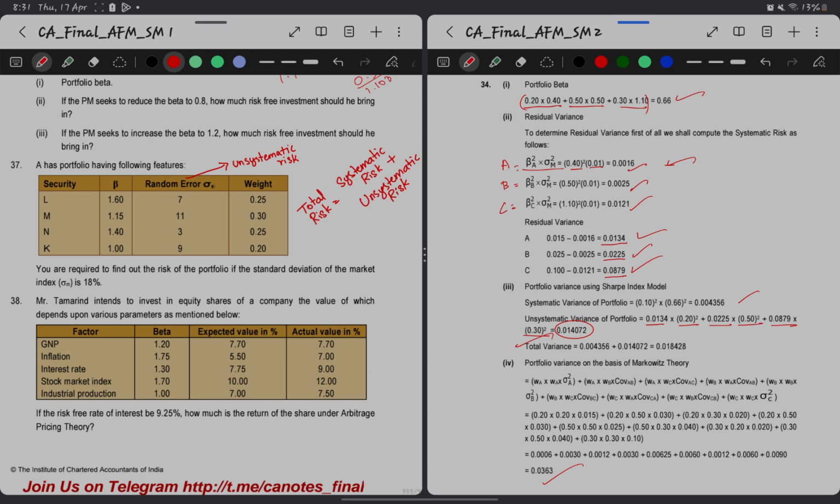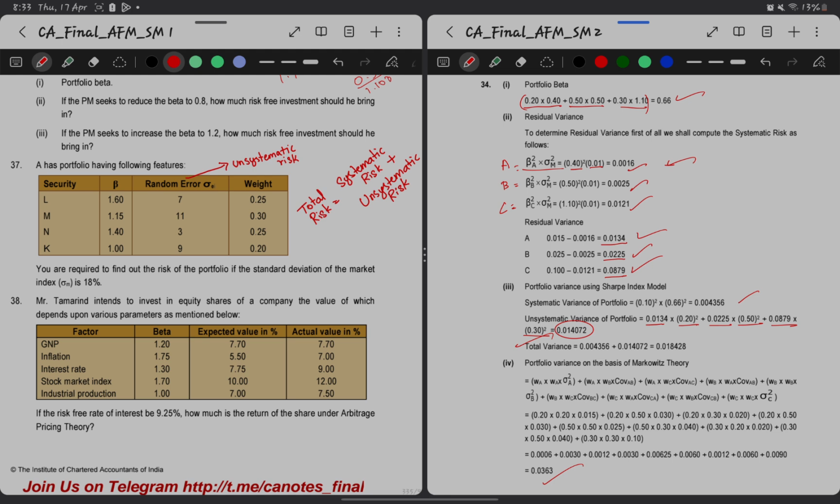But in case of the Sharpe model, since the risk itself is divided into systematic and unsystematic portions, the unsystematic risk will never have a covariance, so you can directly add the variances for the unsystematic portion. And if beta is already given, the beta signifies the sensitivity of the return towards the market return. Hence, from the total risk, the systematic portion will get calculated separately.